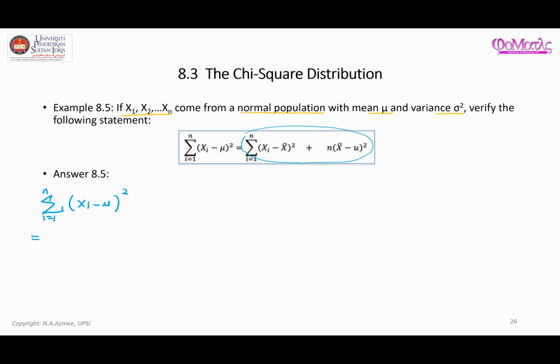Now notice that we have some term here related to x bar. So what I'm going to do is I'm going to start off with having xi minus x bar plus x bar minus mu, and you square it.